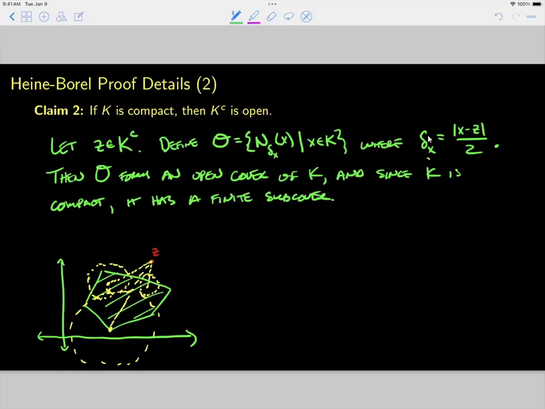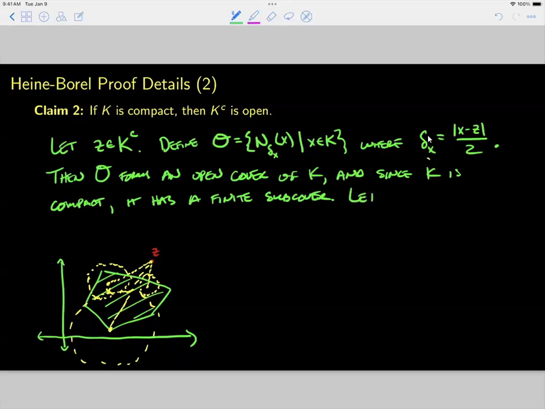Okay. So already you're seeing the idea of a lot of these proofs when you're assuming something is compact: you carefully build an open cover. You use the compactness to say there's a finite subcover, and then from there you draw sort of the conclusion you want. All right. So now this has a finite subcover.